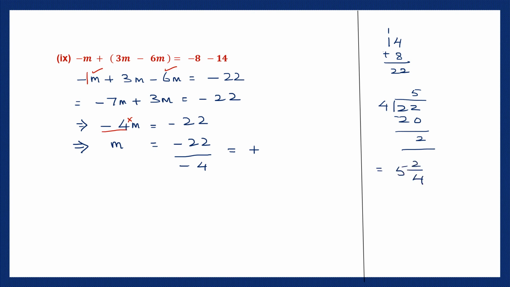As you can see, 5 will remain the same, whereas 2 by 4 can be reduced to the lowest term. 2 and 4 both are divisible by 2. 2 ones are 2, 2 twos are 4. So this becomes 5 1 by 2. So here plus 5 1 by 2. So I have found the value of m to be 5 1 by 2. So that is my answer.